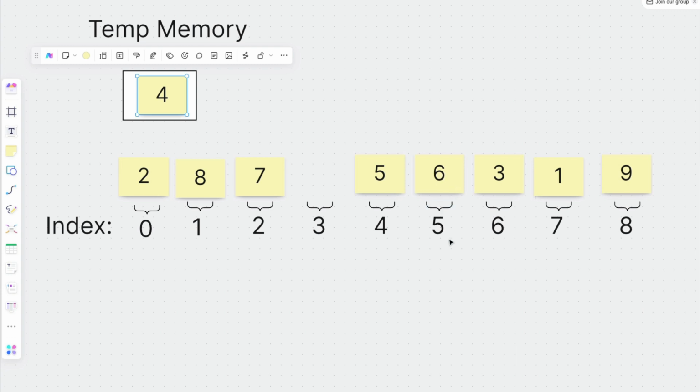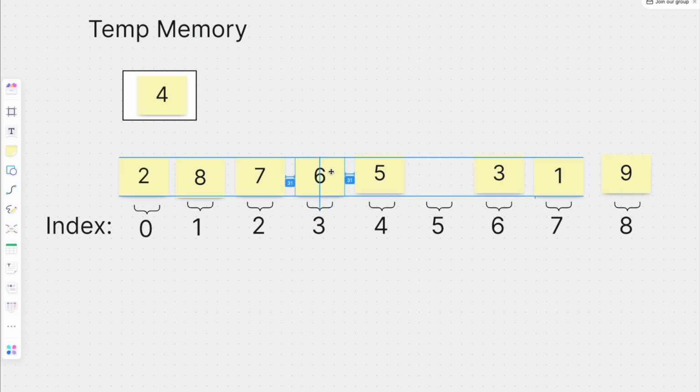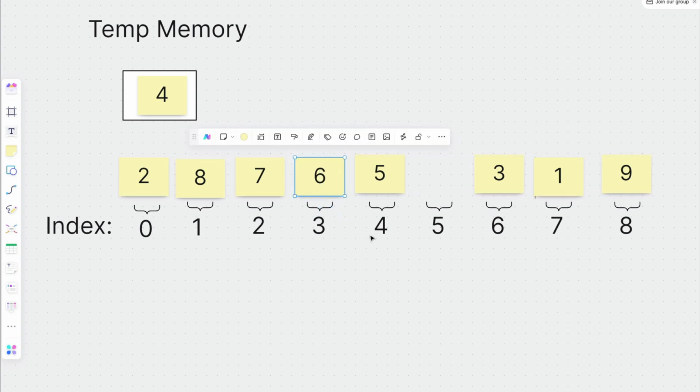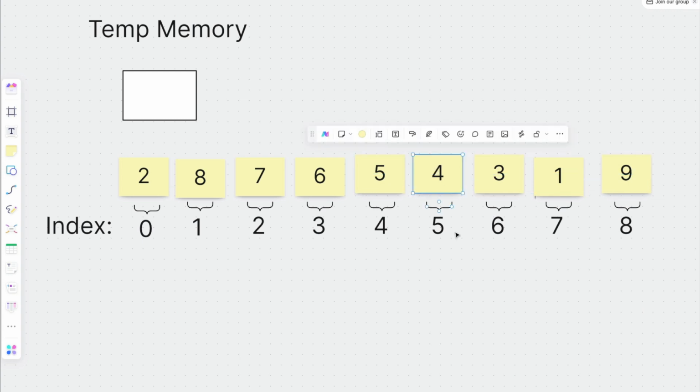It told us it was index number 5. And now we are assigning what was in 5, we're assigning it to the index of 3, okay? So that's all we did right now. Now the next part is we need to assign what we put in temporary memory to the index that we took from, okay?